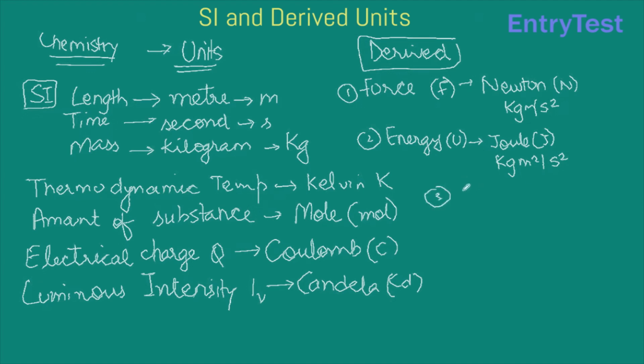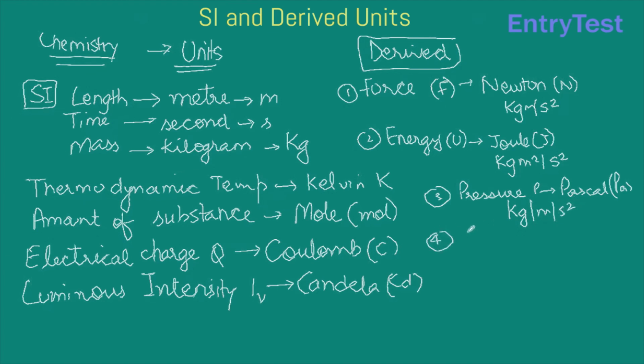The third derived unit is pressure, which is P, represented by the derived unit of Pascal, Pa. And in terms of SI units, it is equal to kg per meter per second square.